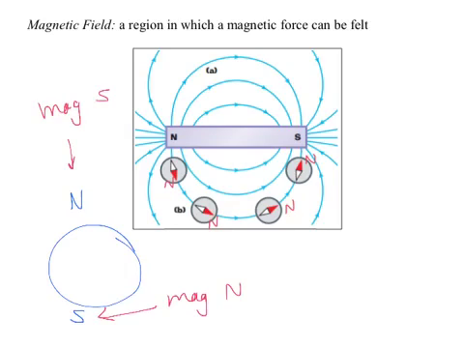So if you think about it, it's kind of switched. It makes sense because the North Pole of a compass points toward the geographic North Pole. If this were a North Pole, it wouldn't point toward a North Pole, it would point toward a South. Magnetically speaking, this is South, this is North, so opposites are attracting, even though we call this geographic North.